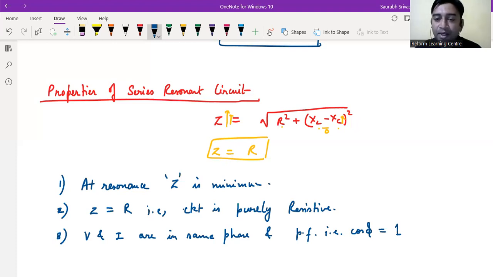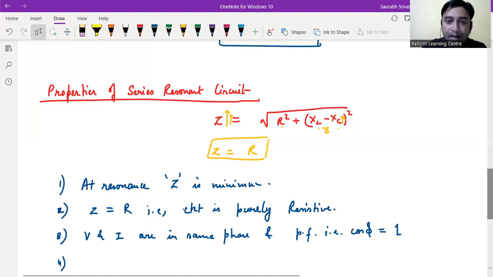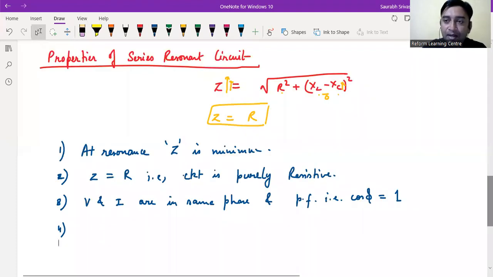Power factor of the circuit will be 1 in case of resonance also. अब इसको ऑब्जर्व करें. Since impedance is minimum, current will be maximum.